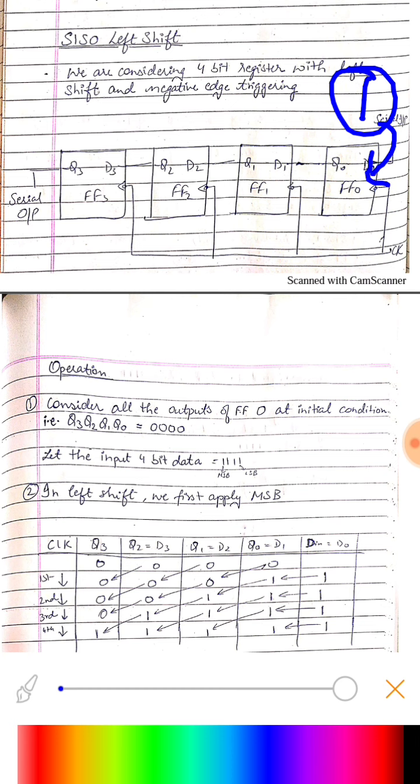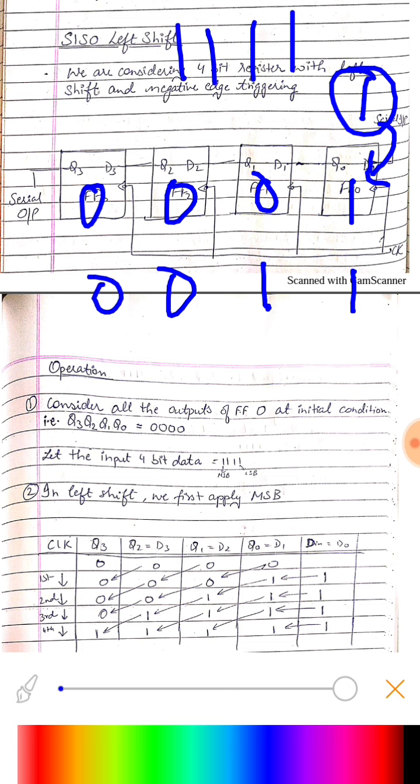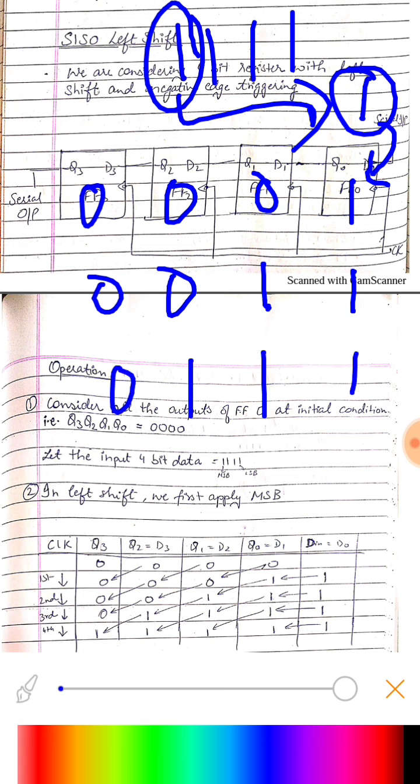So 1 will be stored on the first negative edge into this flip-flop, and the others would remain 0 0 0. Now at the second edge, this will become 1 1 0 0, since we are entering 1 1 1 1 from the MSB. On the next edge it will become 1 1 1 0.